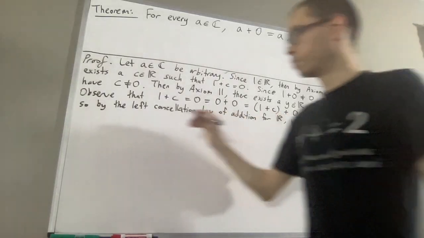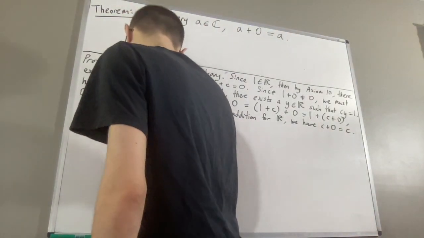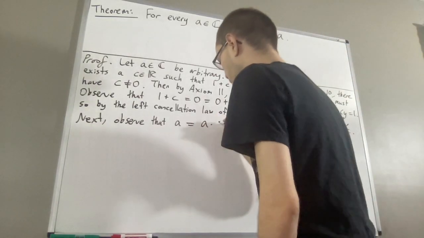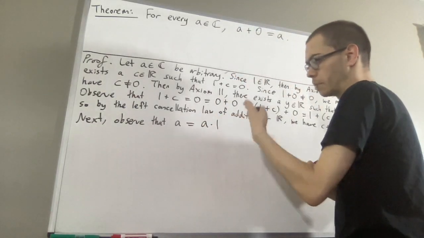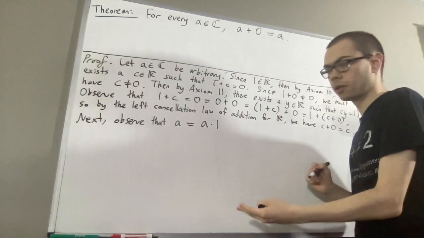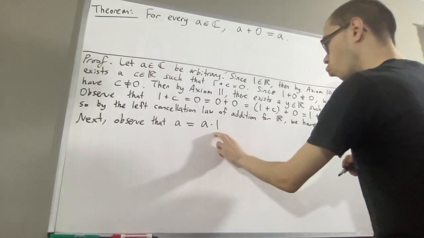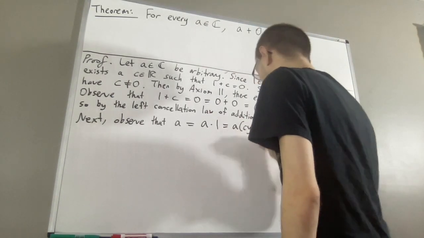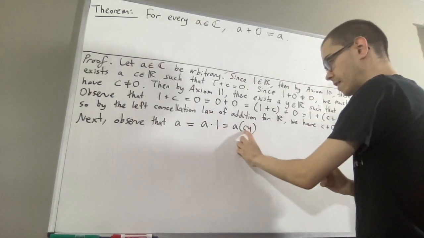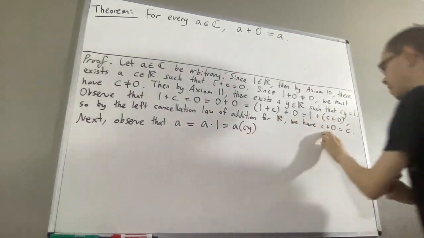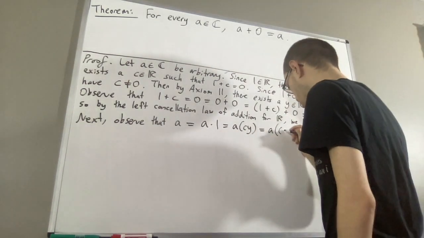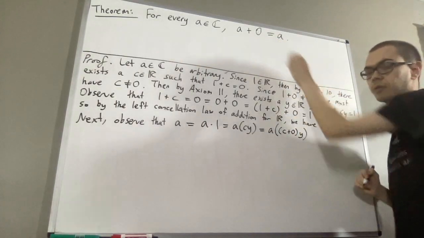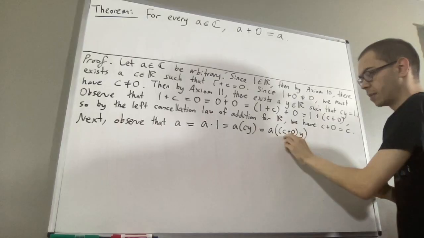So now we observe the following. a is equal to a times 1, right? We know for every complex number a, a times 1 is equal to a. But then we're going to replace this 1 with c times y. Well then, let's replace this c with c plus 0. This is what's going to allow us to obtain a plus 0, the fact that we've rewritten c as c plus 0.